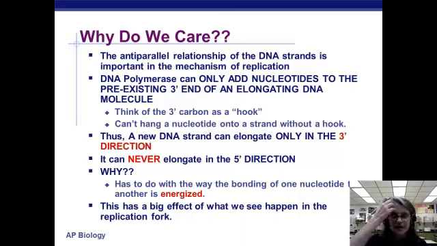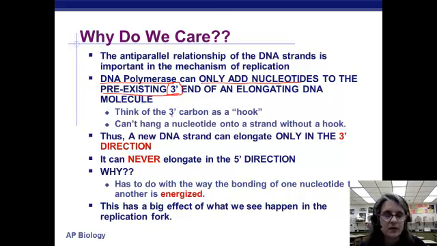The enzyme that allows DNA to copy itself is called DNA polymerase. We're going to talk quite a bit about it, but it can only add nucleotides to a pre-existing 3' end. It cannot hang a nucleotide onto a 5' end. It just doesn't work that way.